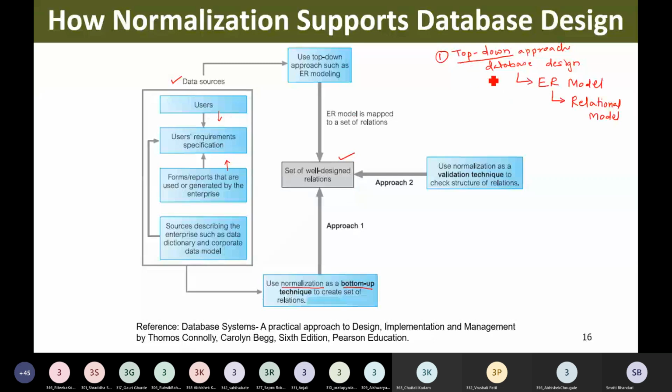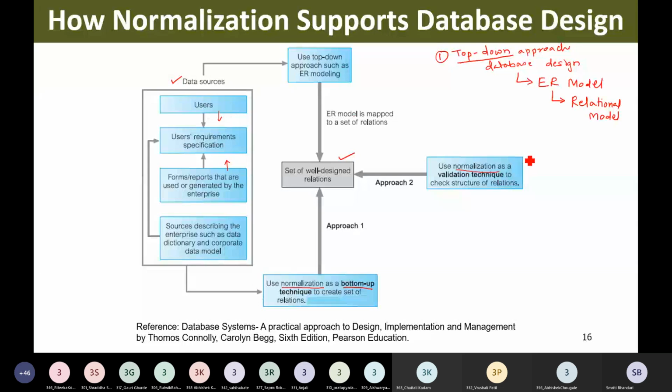Now, even though we are following the top-down approach for database design, we have a set of relations that are well designed. Then what is the role of normalization if we are following the top-down approach? Even though we have followed the top-down approach, there is a role for normalization.